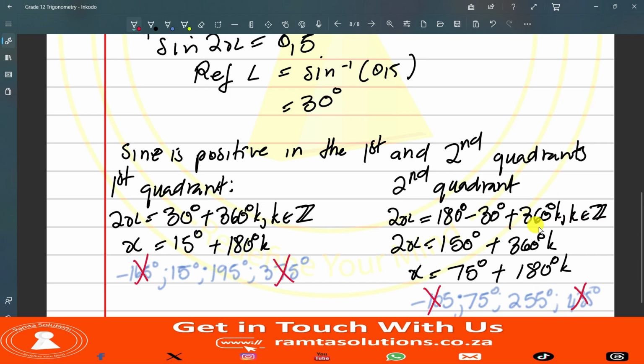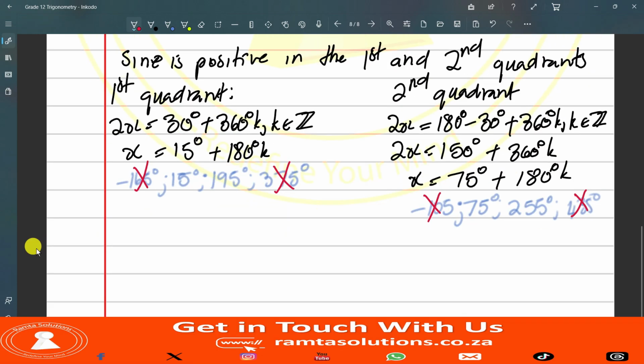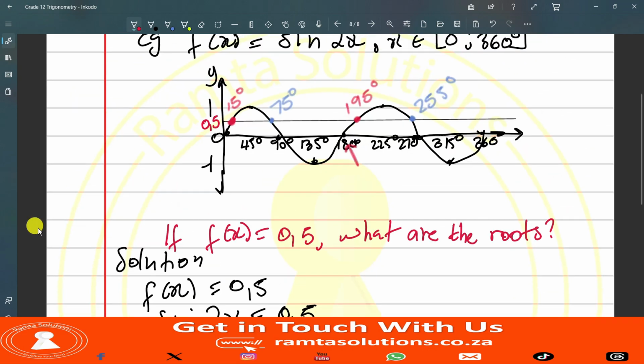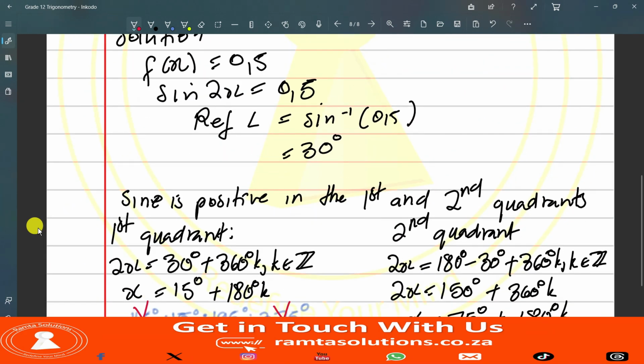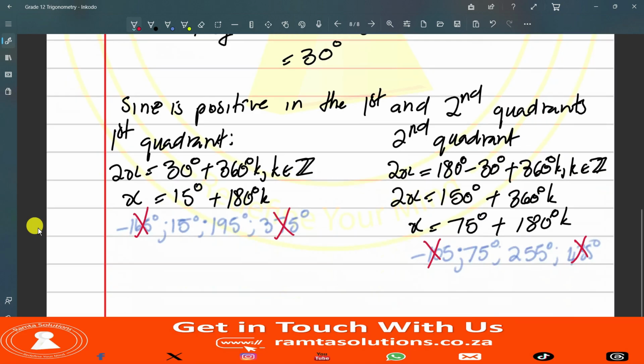Therefore, if they were to ask me what are the values of x, I will say x is equal to 15 degrees, x is equal to 75 degrees, 195 degrees, and 255 degrees. So I got these values earlier. Did you guys remember? Now, when they say what are the general solutions or determine the general solutions, I leave it here.